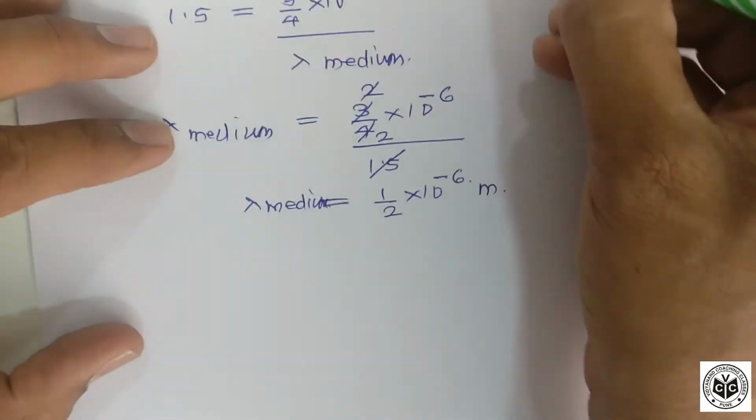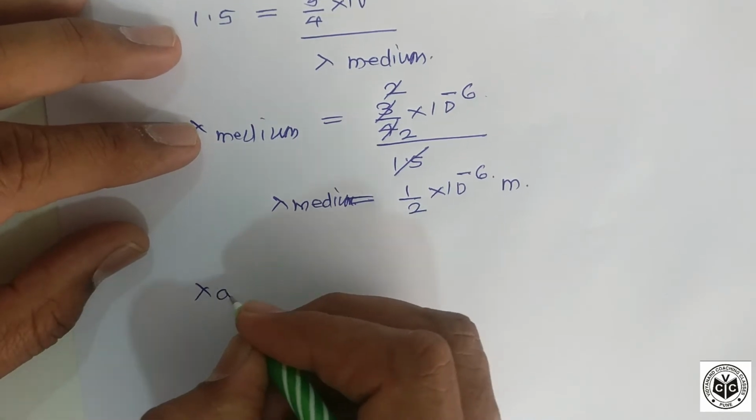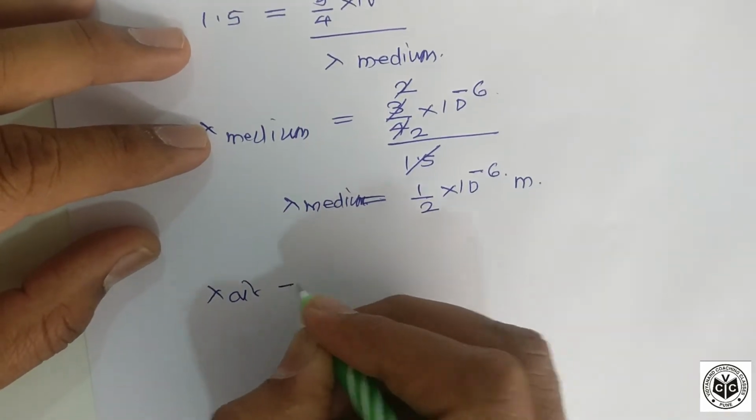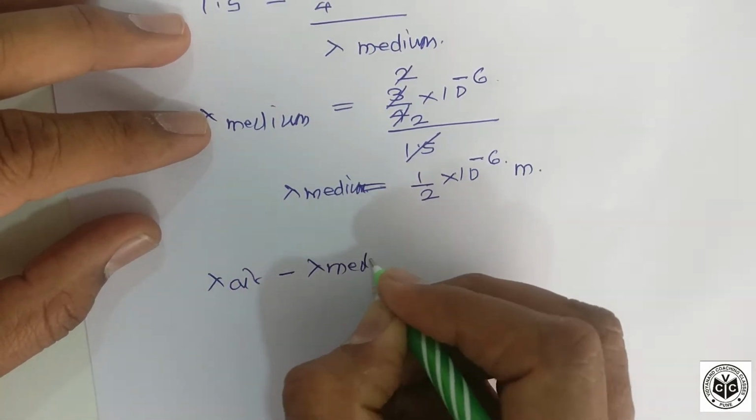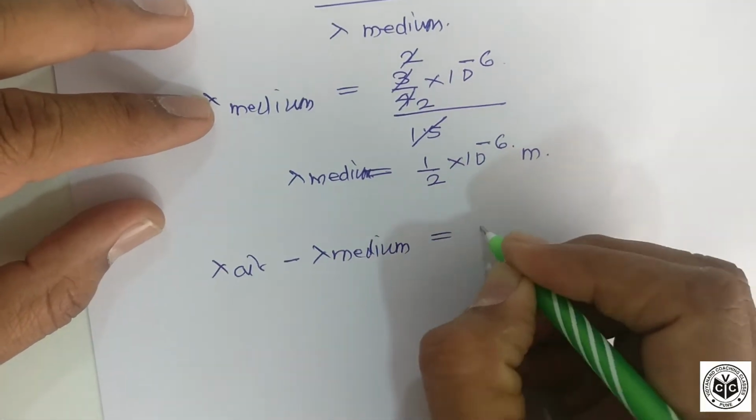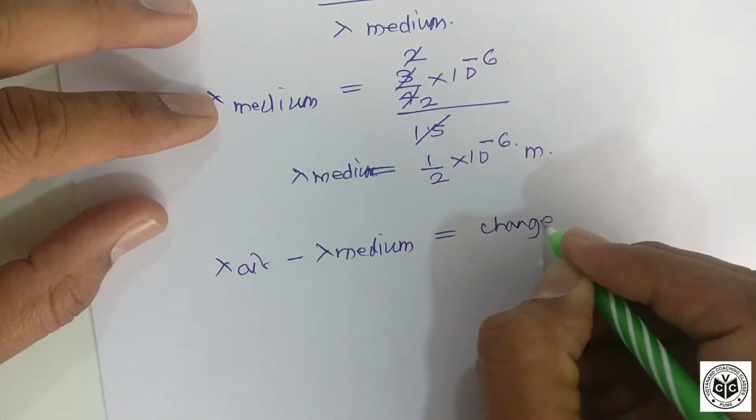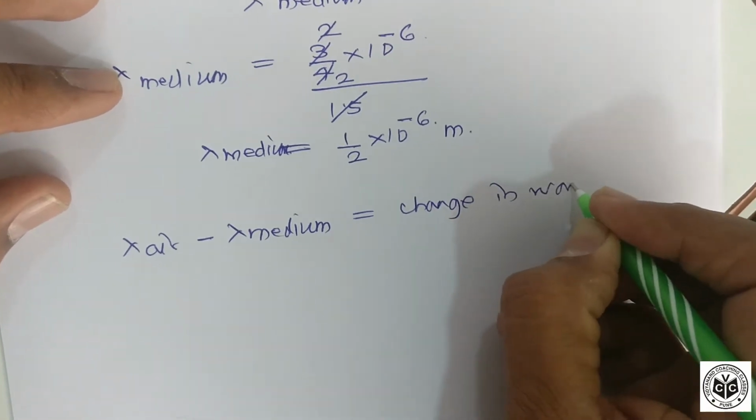Okay. Now you have lambda air minus lambda medium equal to change in wavelength.